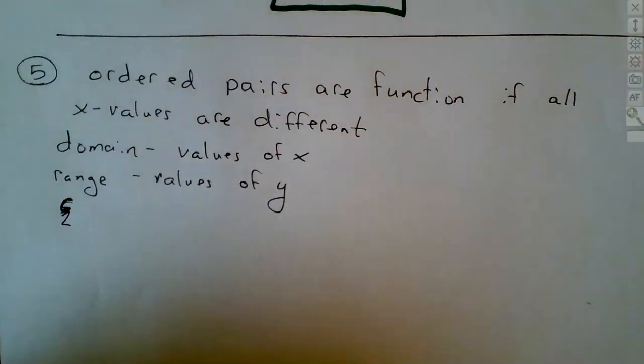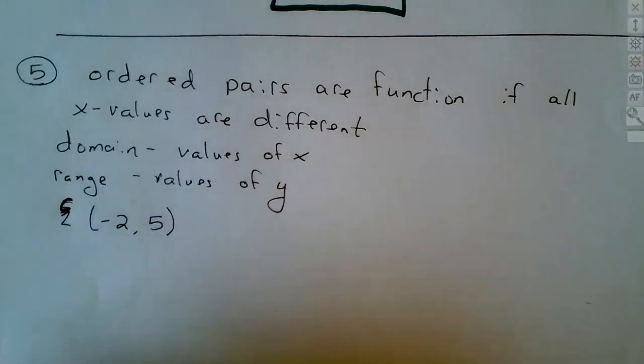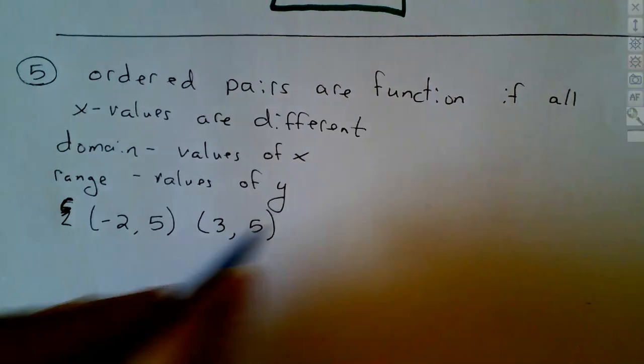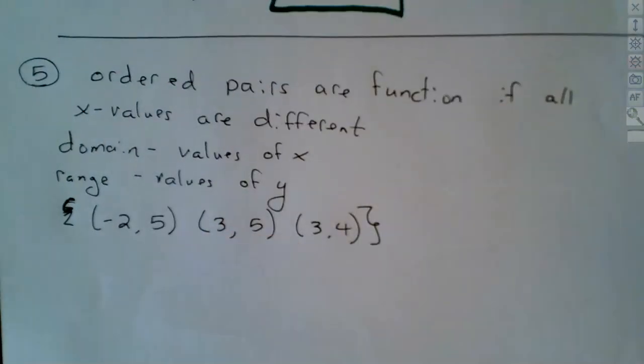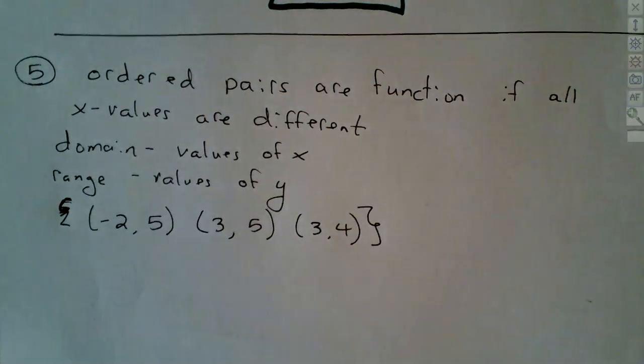So we have our ordered pairs here. We've got minus 2, 5, 3, 5, and 3, 4. And we want to know if this is a function, yes or no. And we're also going to get the domain and the range. Now, this is not going to be a function.